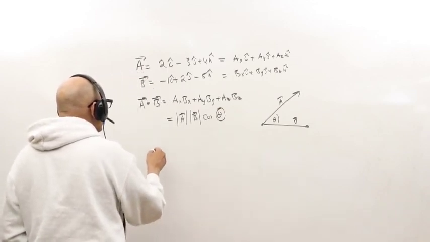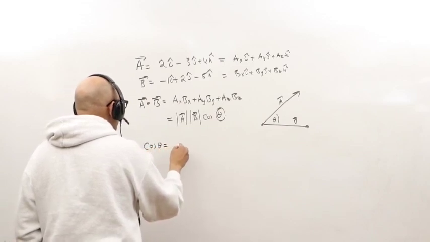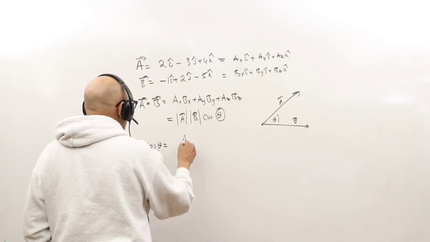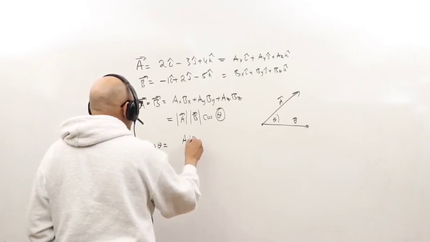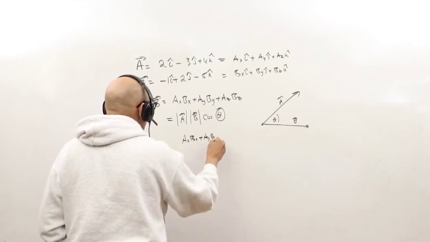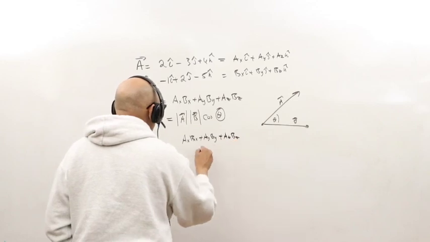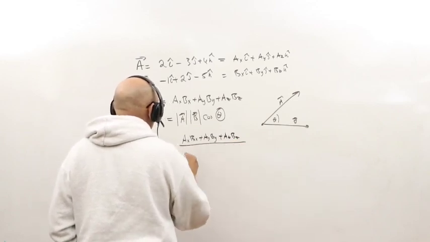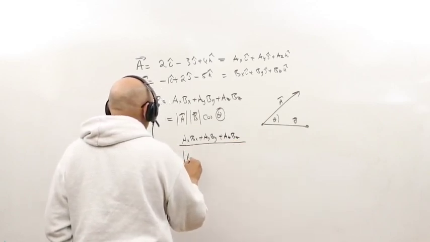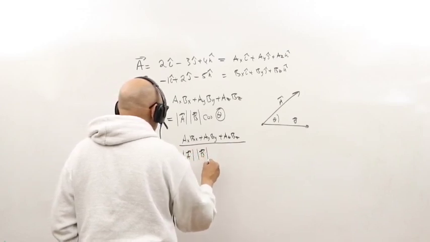So basically cosine of theta is equal to AX BX plus AY BY plus AZ BZ divided by the magnitude of A vector and B vector.